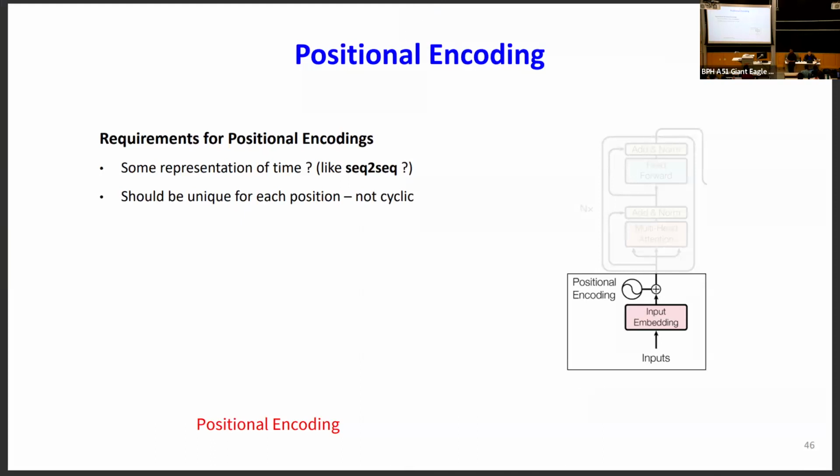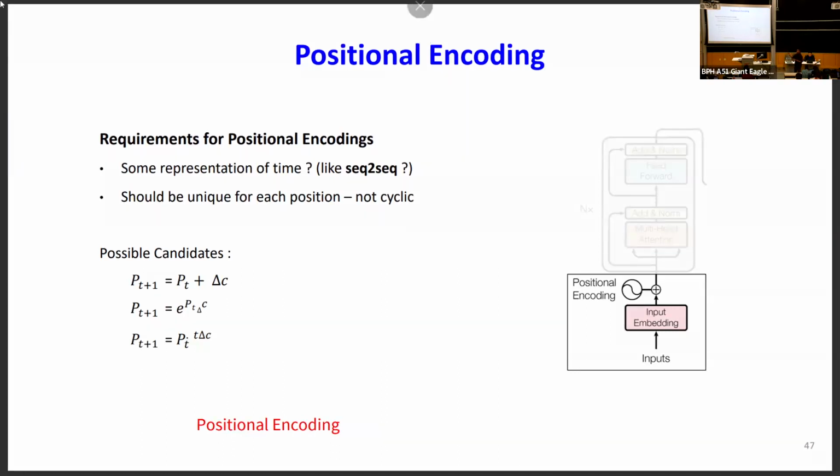So it should not be cyclic. It should have some representation of time. So some very simple and straightforward implementations from here look like, you can just have a p(t+1), which says p of t plus a constant factor, or you can use some exponentials of sorts as well. And this seems very simple and easy to implement and should work for our use case.